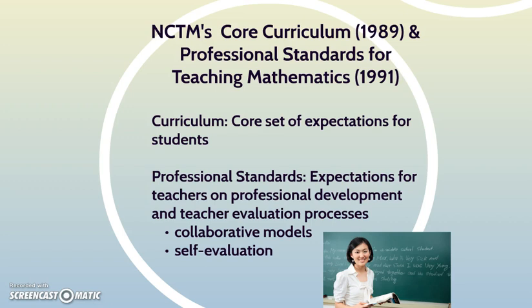And so it included this core set of expectations for students, but it also included an extension of core materials for high school students who wanted to focus more on the mathematics courses in college and also in careers where mathematics was emphasized and needed.